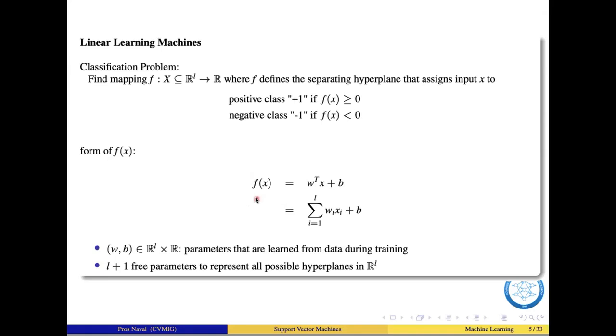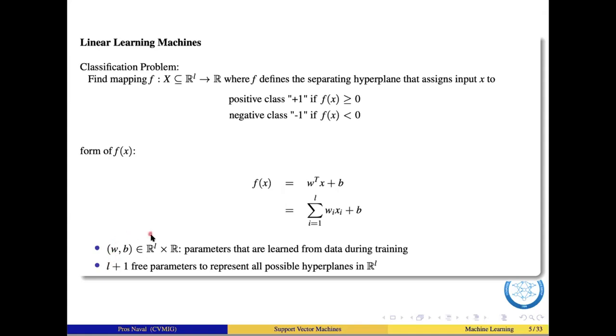Now, the form of f of x is the following. It's w transpose x plus b. So you take the dot product of your weight vector and your input, and you add a constant b. Okay, so that's the matrix notation. Now, if you want the expanded notation, then this is how it looks. So here, the classifier would have a w vector.